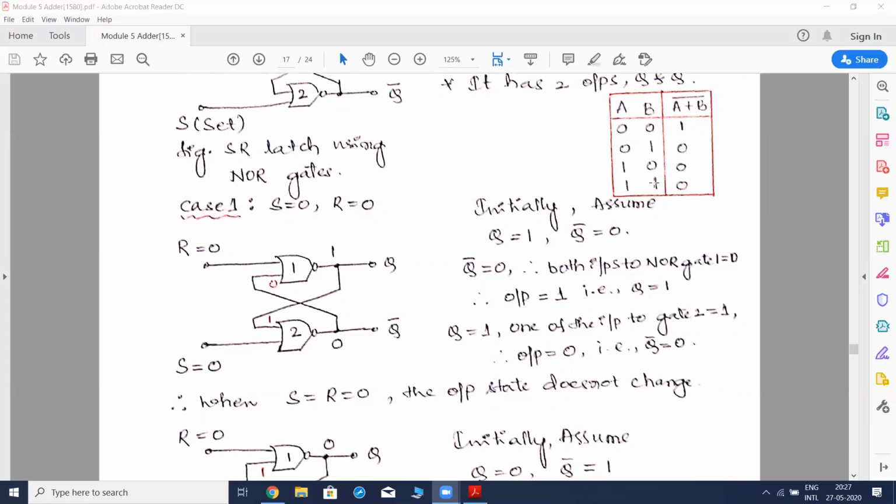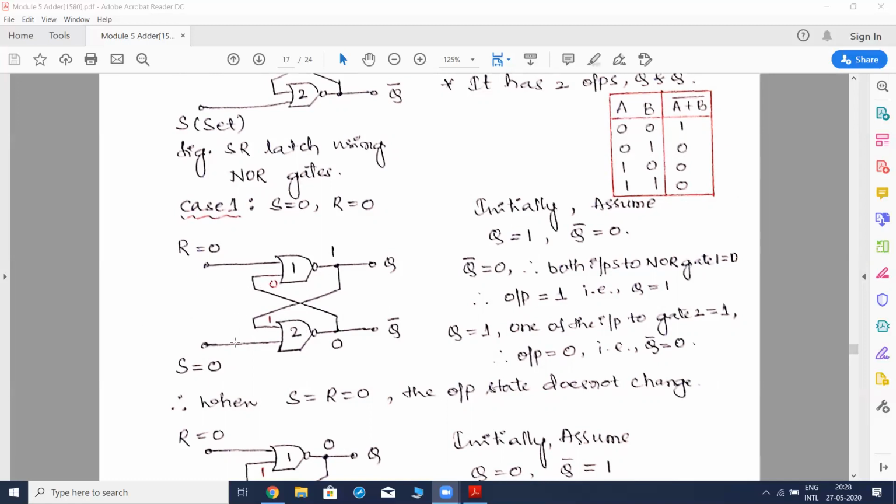Irrespective of the other input, if any one of the inputs is 1, even if the other input is 0, we are going to get the output 0. When all the inputs to the NOR gate are 0, we get 1. This is the truth table that we need to remember. Then only we can easily understand this latch concept.